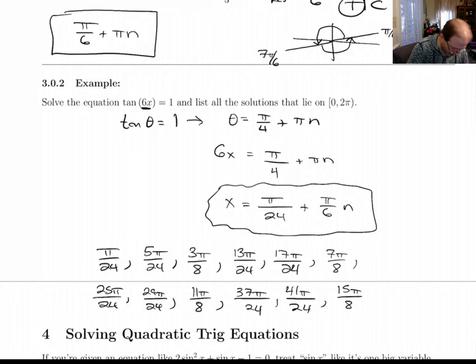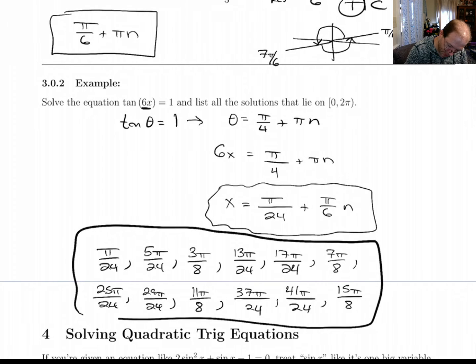And the next one on my calculator in the list is 49 over 24, which is bigger than 2. So that's all of our solutions there. How many is that? It should be 12. Yes, 12 solutions. So I think the most time-consuming part of this was just writing all the solutions down.